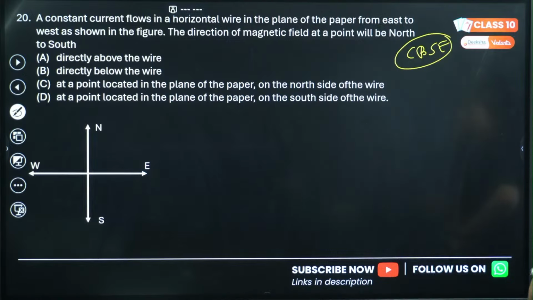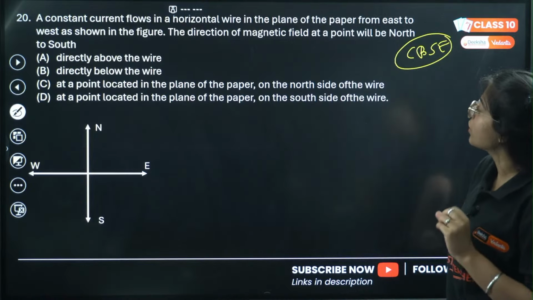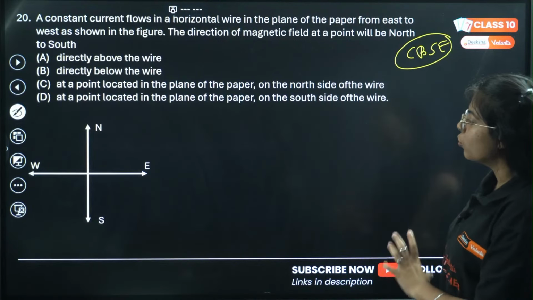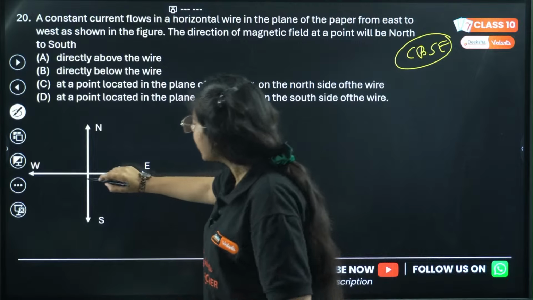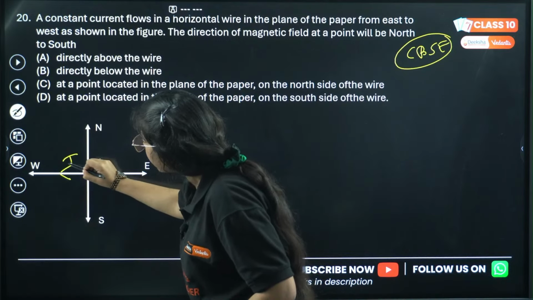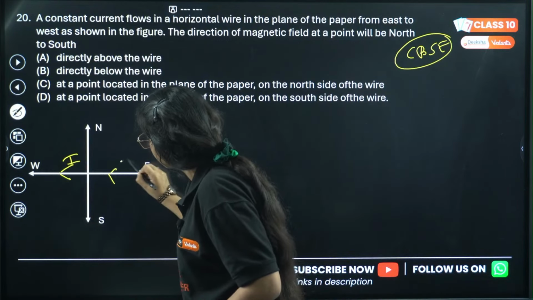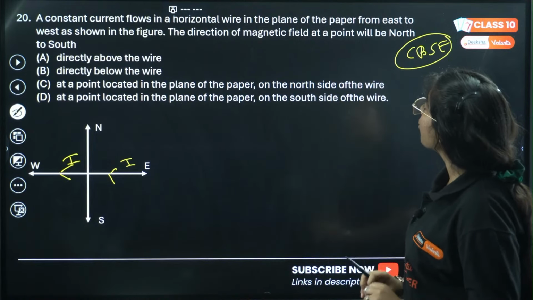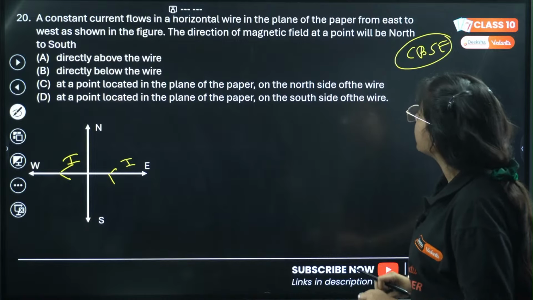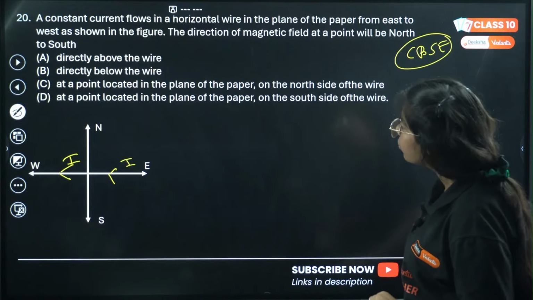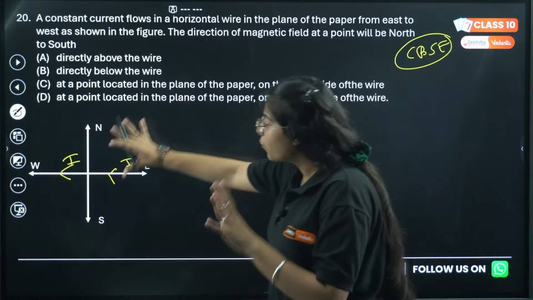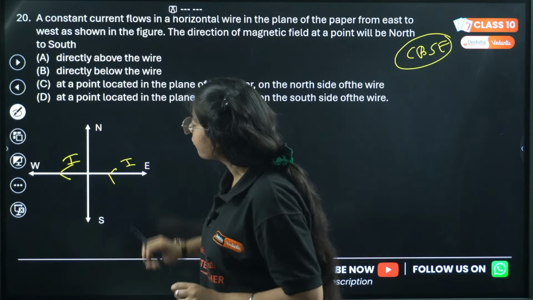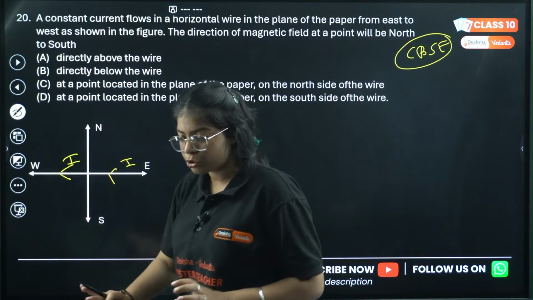A constant current flows in a horizontal wire in the plane of the paper from east to west, as shown in the figure. The direction of the magnetic field at a point will be north to south. They are asking at what point around it the direction of magnetic field will be north to south.